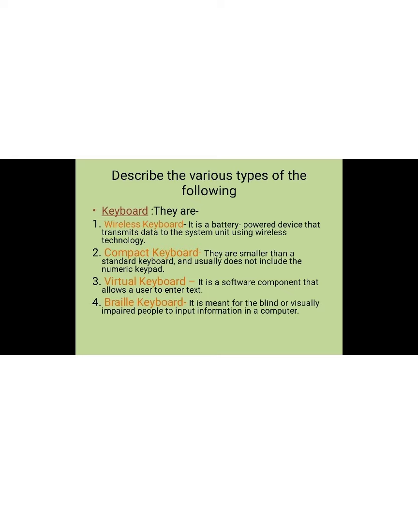They are smaller than a standard keyboard and usually do not include the numeric keypad. Third, virtual keyboard. It is a software component that allows a user to enter text. And fourth one is braille keyboard. It is meant for blind or visually impaired people to input information in a computer.